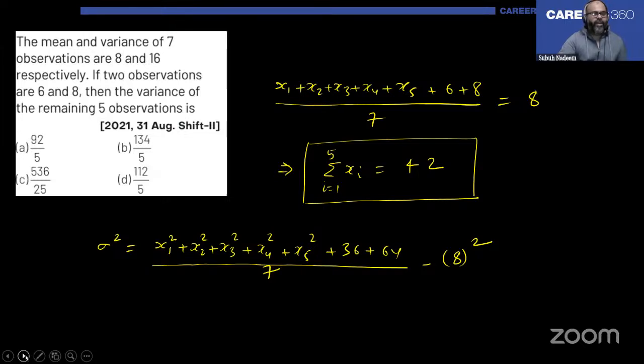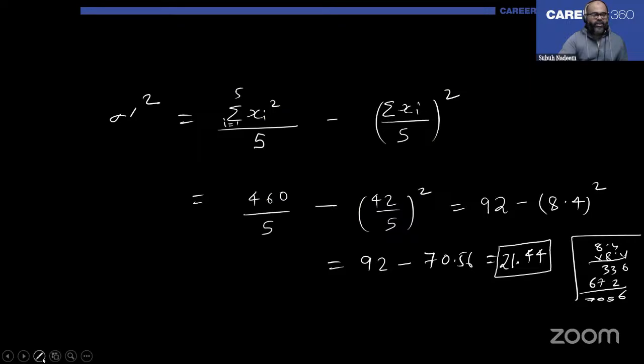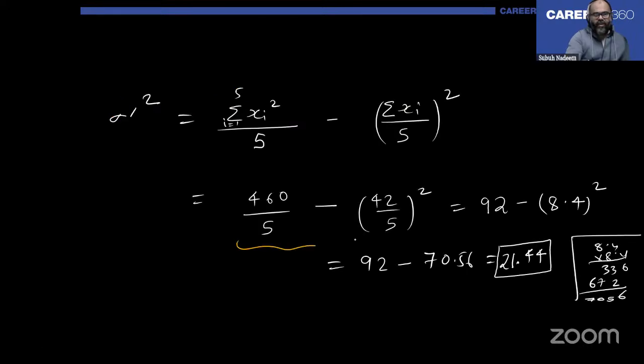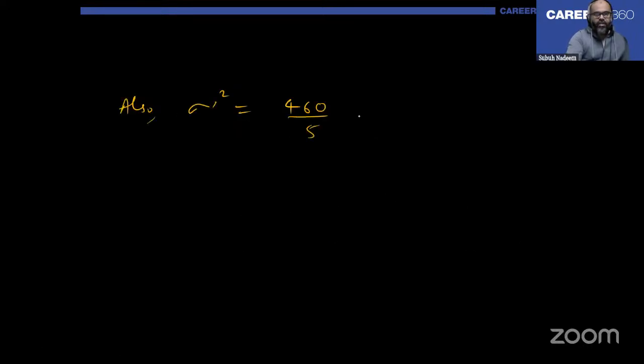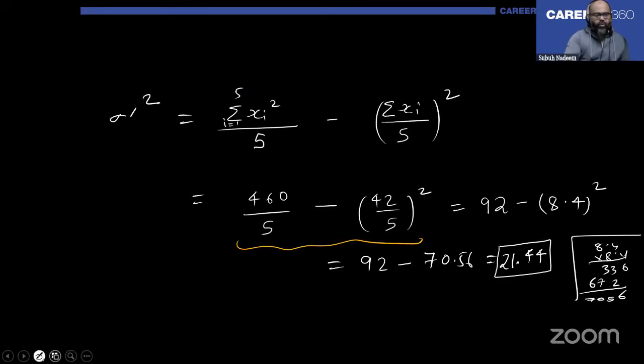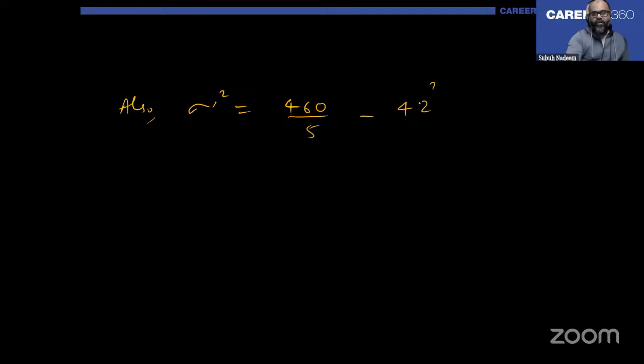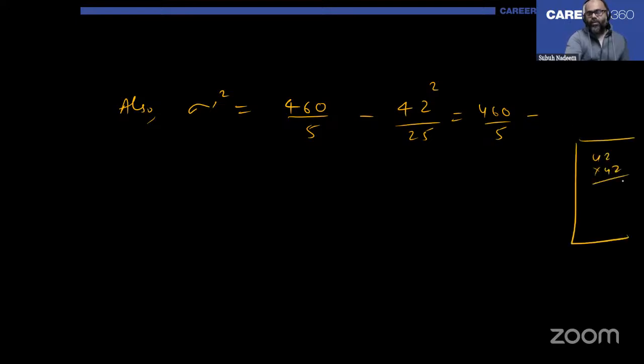Okay, they have calculated in fraction, so let us also calculate in fraction. So this is also sigma dash square, which is 460, by 5 minus 42 square by 5 square, which is 25. So 460 by 5 minus 42 square is 1764 by 25.